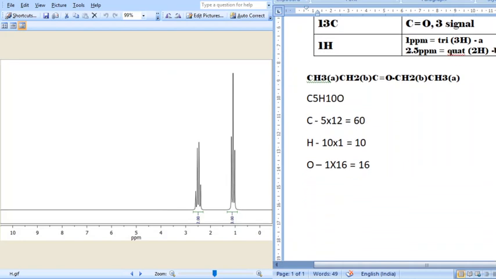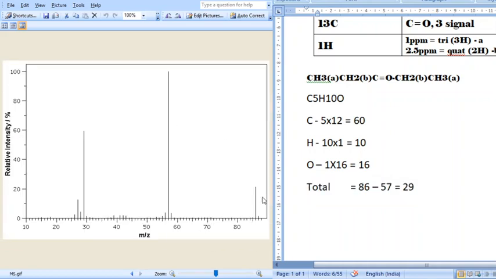Let us see the fragmentation also. Not only the molecular weight, let us see the fragmentation. In the mass spectrum, if you see the difference between 86 minus 57, or 58, we can take that as 29, and this fragment is actually a CH3CH2 group, and therefore we can say that this fragment arises due to loss of this part of the molecule, and the 57 is leaving this part.